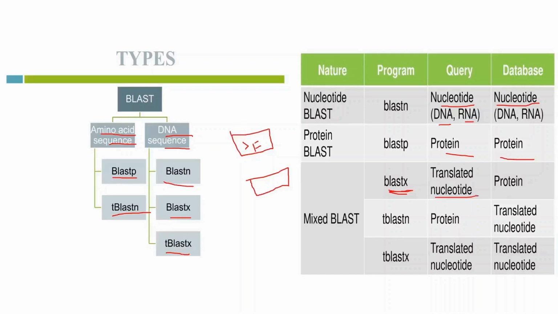This program converts the nucleotide into a protein sequence by considering all six open reading frames (ORFs). It translates them into protein, and this protein sequence is searched against the protein database. So your query is nucleotide, but you are searching against the protein database. That is done by BLASTX.